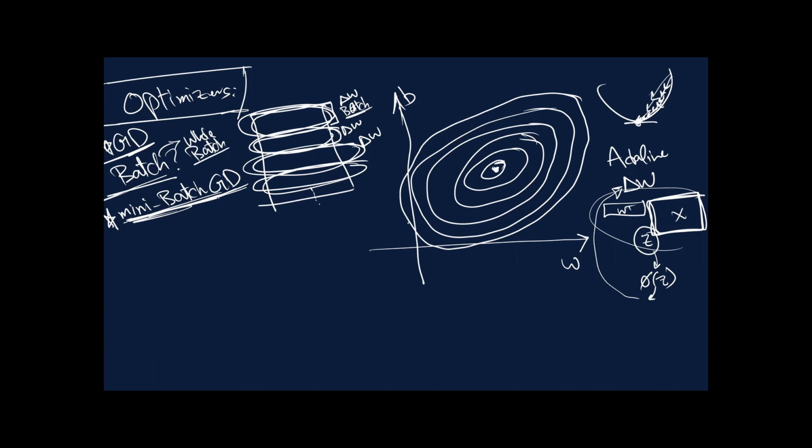So we might start from here and we take different jumps like that that are getting smaller and smaller because the slope is getting smaller until we reach the global minima and we reach convergence. Okay, so we say that our classifier is converging. Okay, it reaches this point.